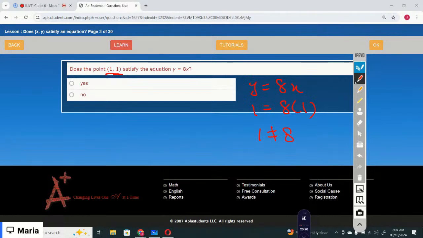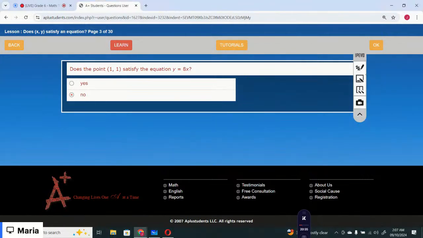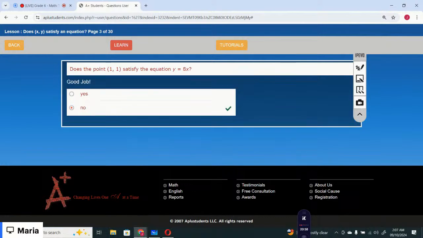That means 1, 1 does not satisfy the equation y equals 8x. The correct option is no.